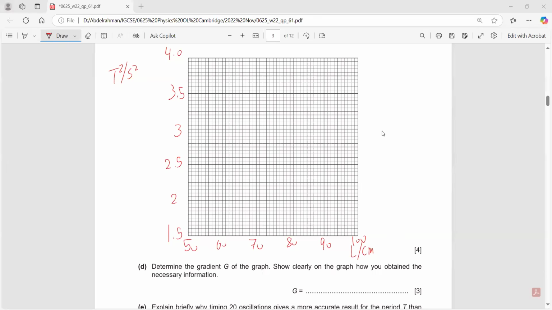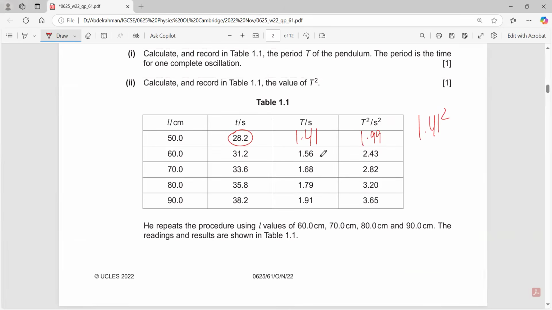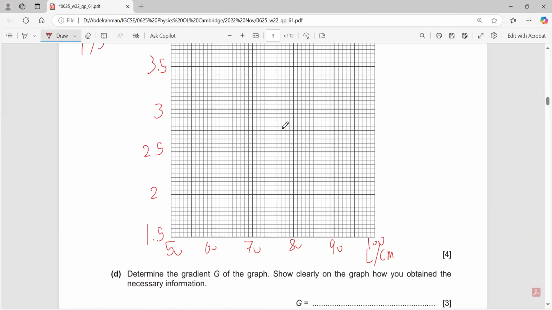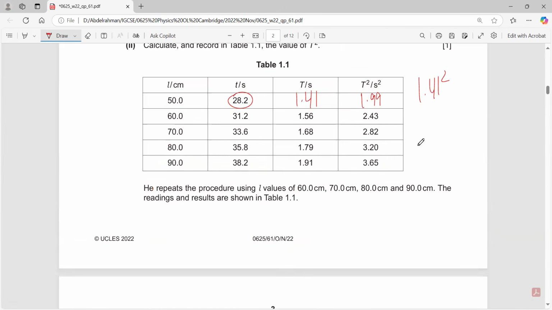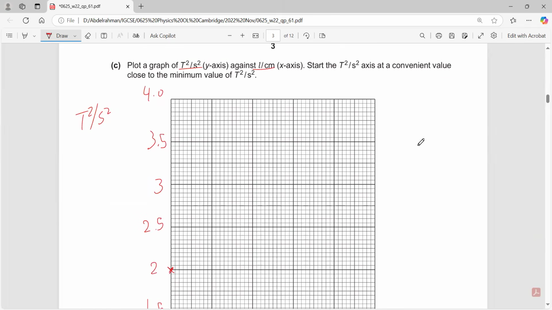Moving on to the next question, determine the gradient. Oh, we haven't plotted the points yet. Let's plot them. 50 and 1.99, which is basically 2. Then the second point would be 60 and 2.43.